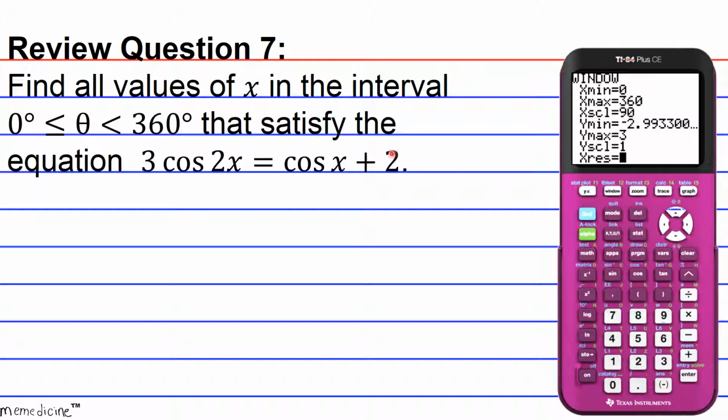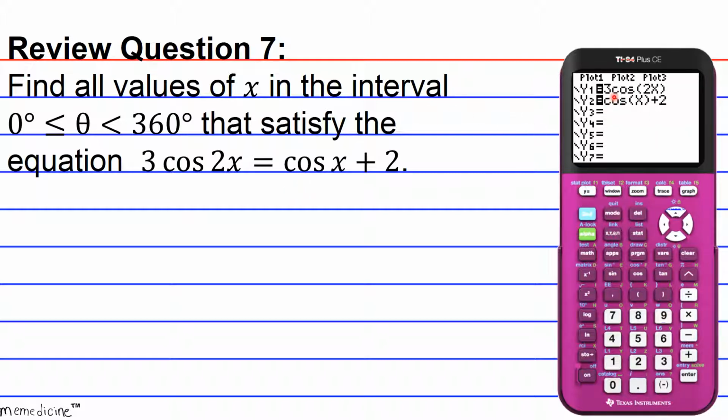You're going to input this equation, but you're going to separate the two expressions on the left-hand side and the right-hand side of the equal sign. Okay, you're going to input them as separate expressions. So this is what I mean, okay?